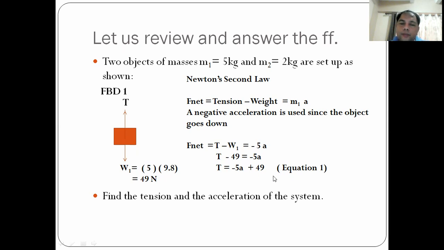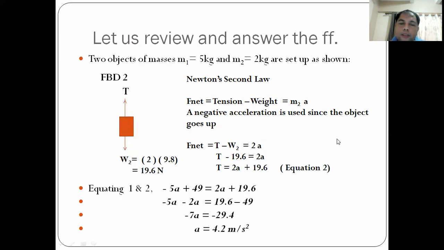Now we will relate this equation 1 with our free body diagram number 2. In free body diagram number 2, the body on the right side is the 2 kilogram body. Its weight, if you multiply it by 9.8, will be 19.6 newtons. The tension on the cable is still going up and the weight is going down, so the difference of the two will be T that goes up minus W2 that goes down.